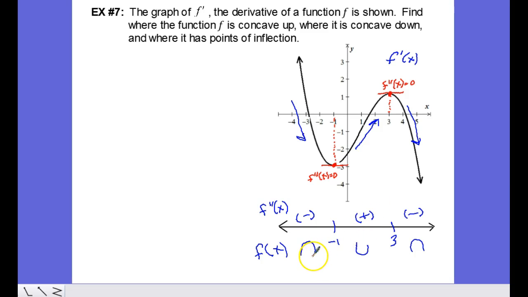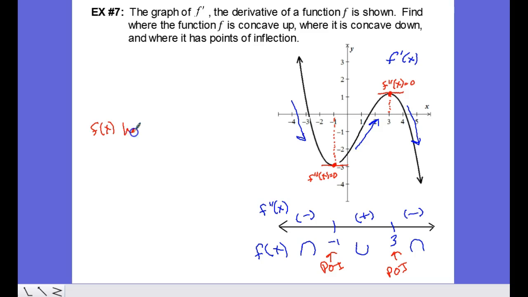Notice that if the concavity is changing from concave down to concave up, doesn't that mean that -1 is a point of inflection? And notice that if I'm going from concave up to concave down, 3 is a point of inflection. So now, let's see what we can say.